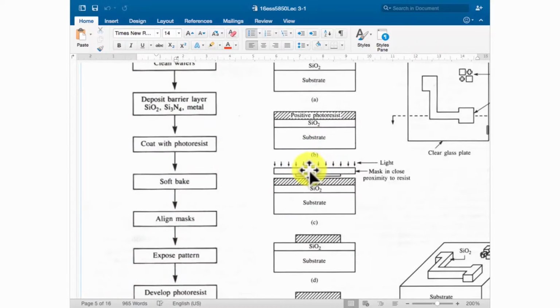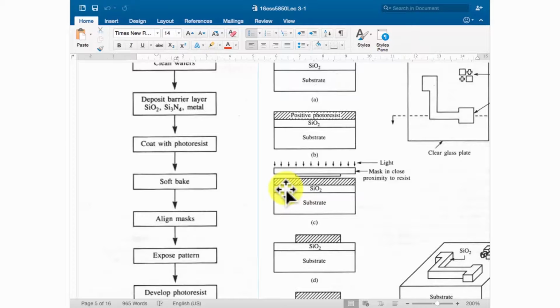After that, we bring our mask. The mask has some opaque areas and transparent areas. When you shine light through the mask, the opaque area prevents the light from directly exposing the photoresist, but in the transparent area, the light goes through and exposes the photoresist.